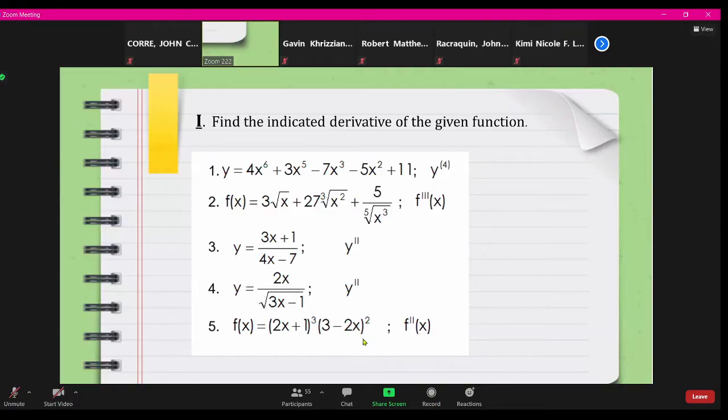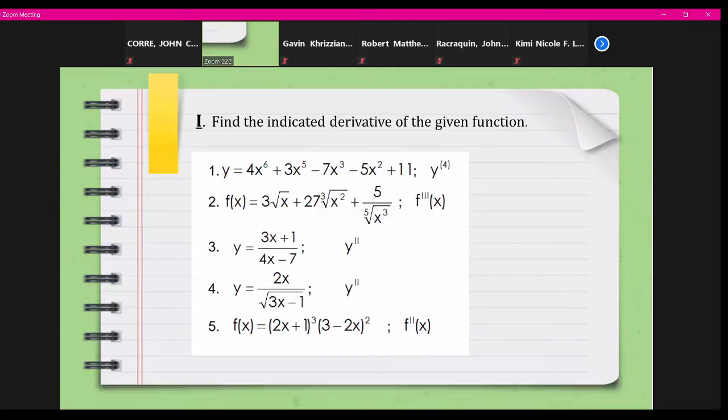Then, 27 x raised to 2 over 3. Then, 5 raised to negative x 3 all over 5. And then, number 3, ganon din ang gagawin natin. Number 4, halos katulad dito. And number 5, pwede nyong expand dito.